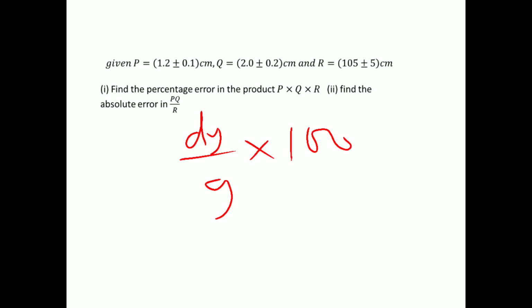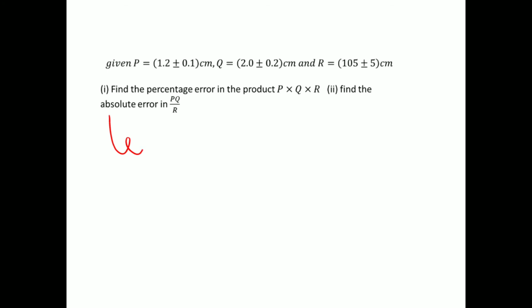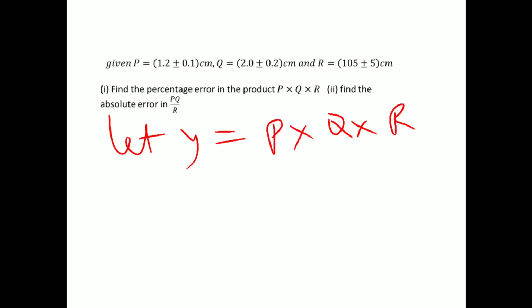Okay, so we are going to achieve that now. First of all, we are going to say let y be P times Q times R. My P is 1.2, like we know, times my Q is 2.0, then times my R is 105.